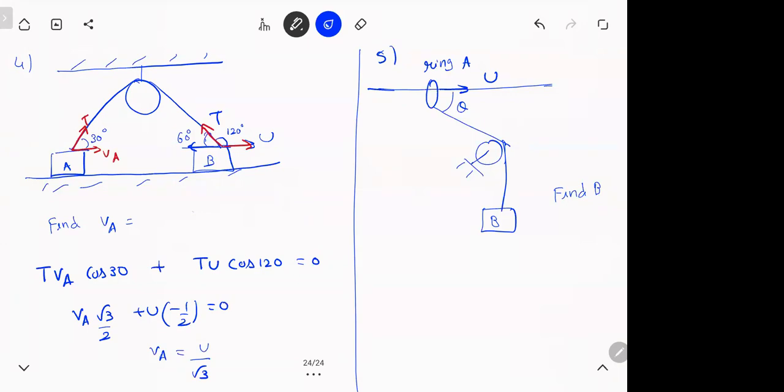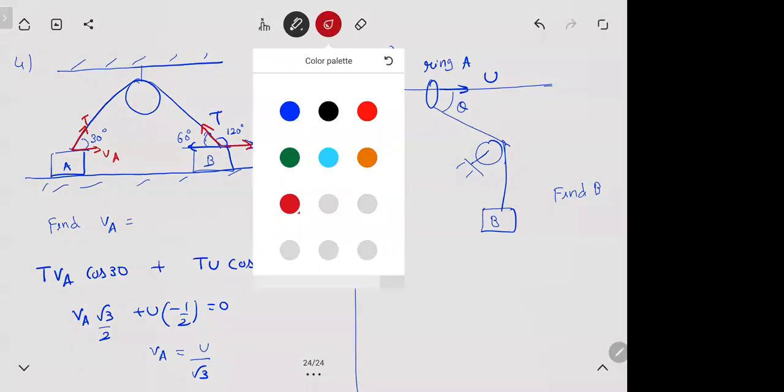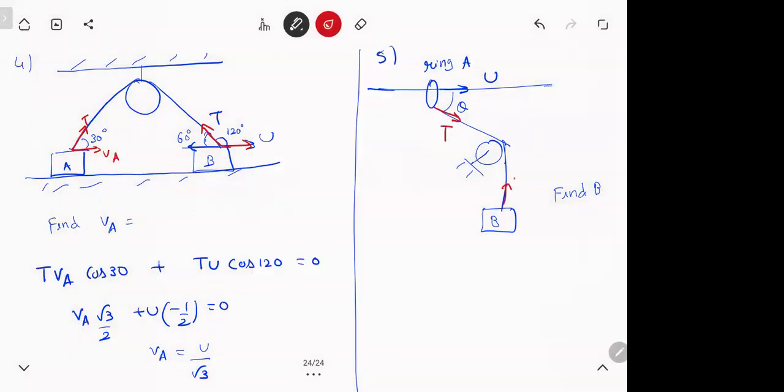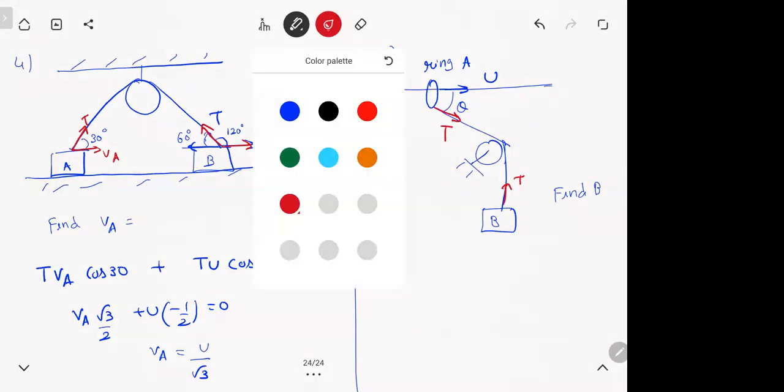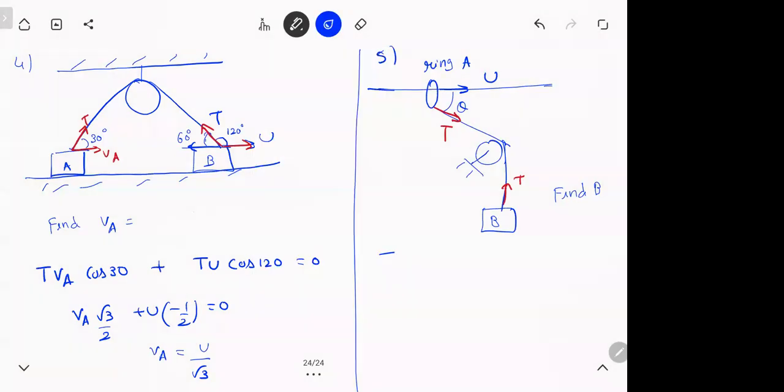These are simple questions, but you should know what you're doing. Same thing here. This is tension. That will be T U cos theta plus T VB. So you get VB is minus U cos theta, meaning when the ring is going front, B is coming down. That's what the minus sign says.